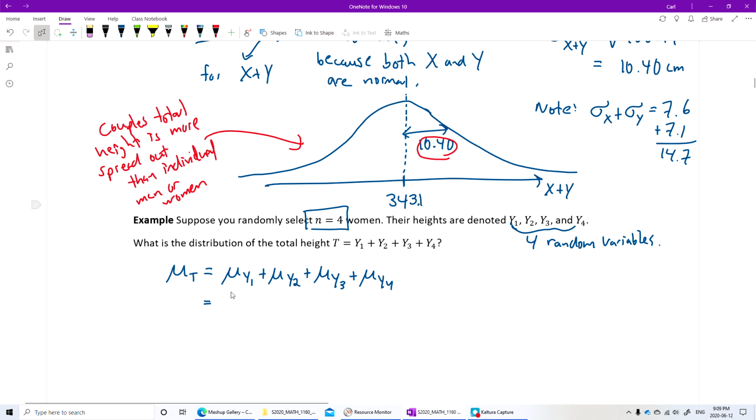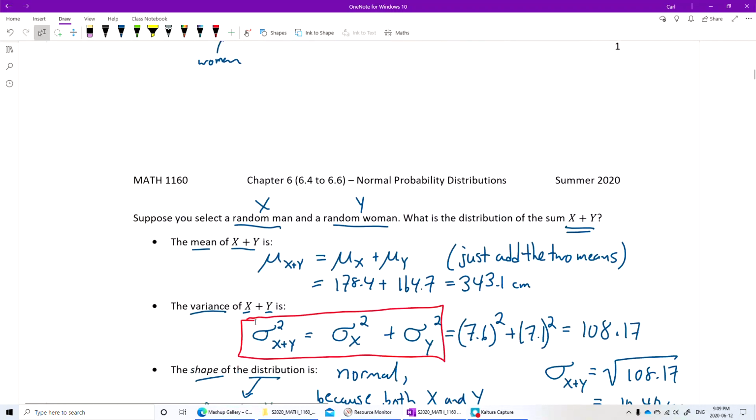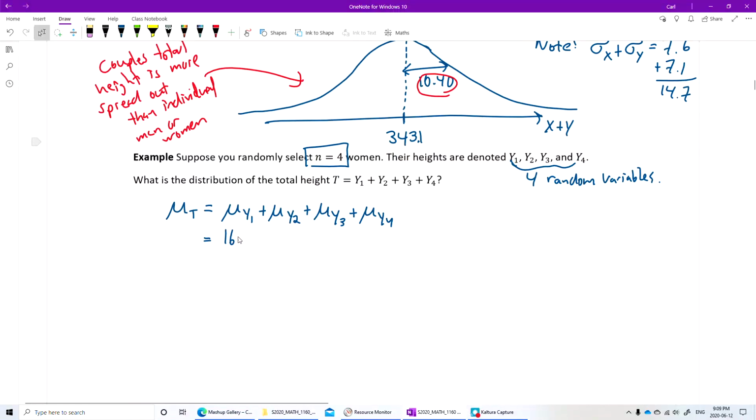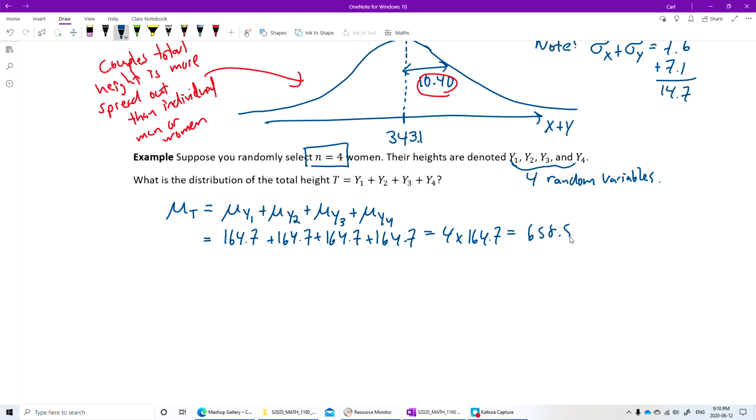Because these are all the same as y. What was the mean of y? It was 164.7. So I could do that with multiplication, right? 4 times 164.7, which is 658.8 centimeters. Okay, so that's the mean total for 4 women.